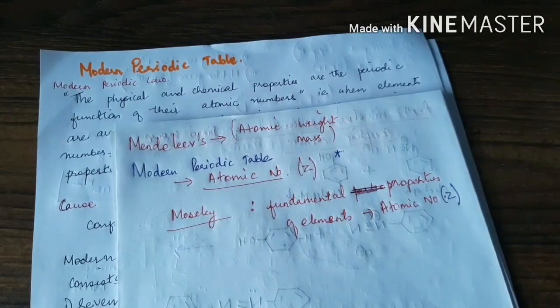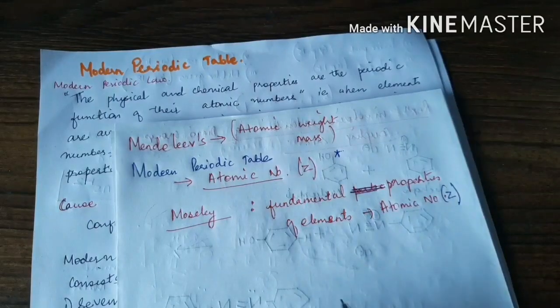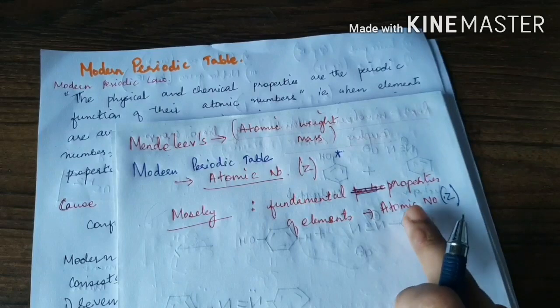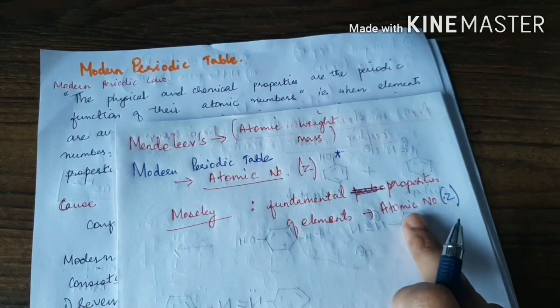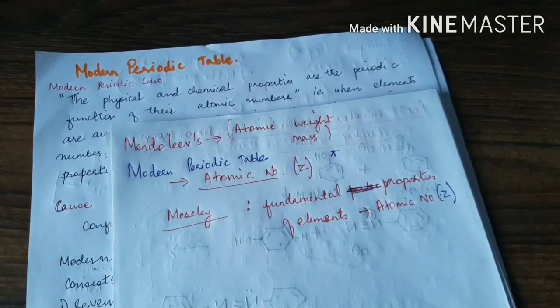So he suggested, why not arrange the elements in the increasing order of this fundamental property, the atomic number. So they arranged the elements in the increasing order of atomic number and gave the modern periodic table.